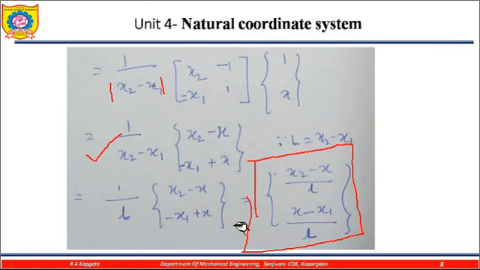So here by using a transformation method we can very easily find this solution. In this way we can transform a linear equation into a natural coordinate system.